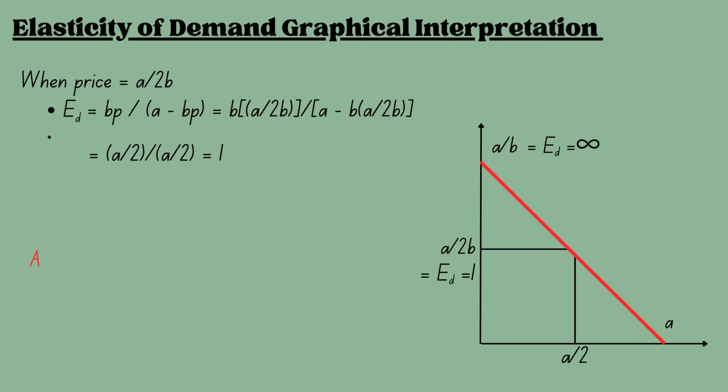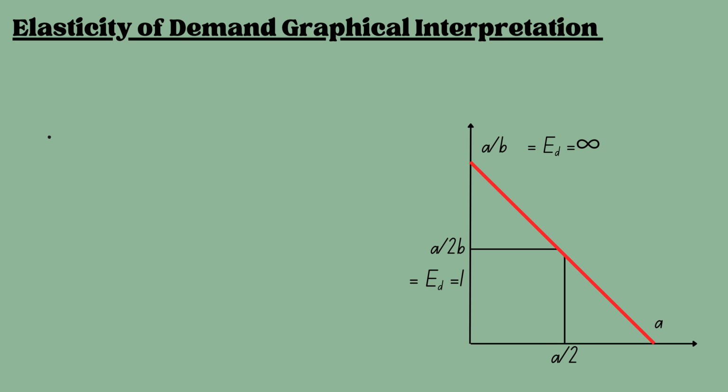Thus, at the midpoint of the demand curve, our elasticity of demand is unitary elastic. Here, the change in quantity demanded with respect to price would be equal to the magnitude of change in the price of the good.